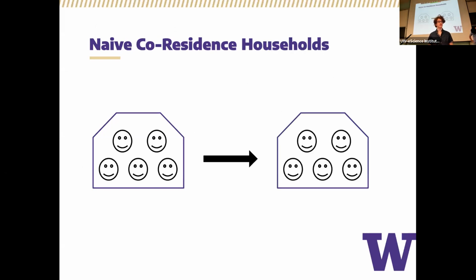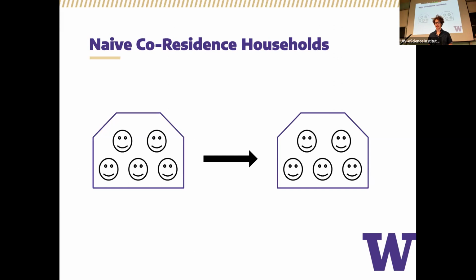And our first definition uses this residence as its only input, and the output is that it's a household. So this sort of follows the census definition, where people who live together are a residence or household together. And this actually is the basis for our other definitions, in that only people who live together at the same time can be a household. The census works this way, and so do the rules for different anti-poverty programs that we have data on.